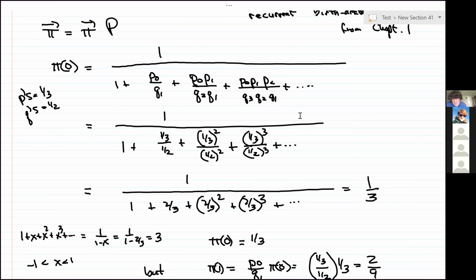So now you can put a couple things together here.